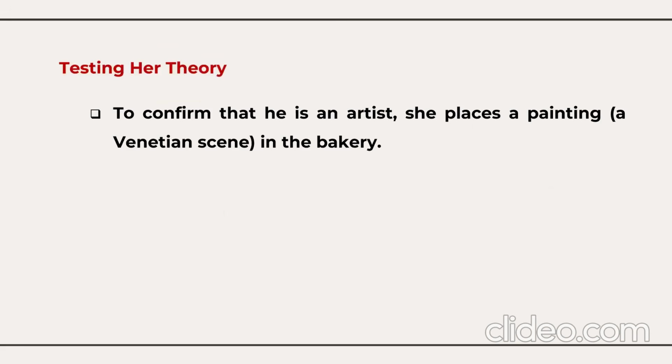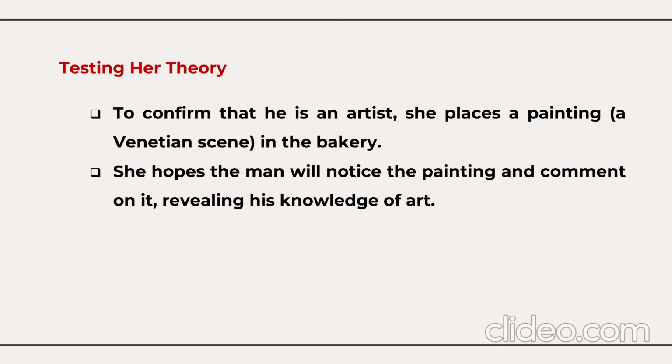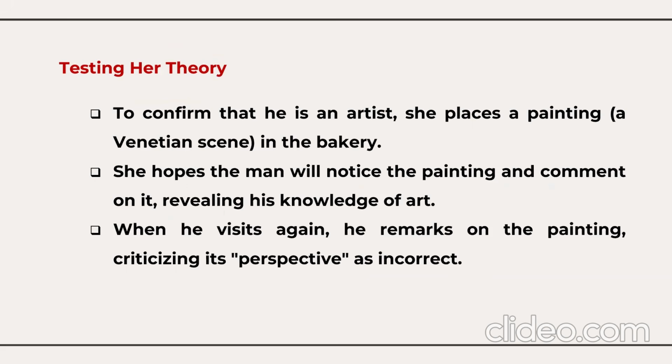What happens later? To confirm that he's an artist, she places a painting. Which painting? A Venetian scene in the bakery. She places it to confirm whether he's an artist or not. She hopes the man will notice the painting and comment on it, revealing his knowledge of art.